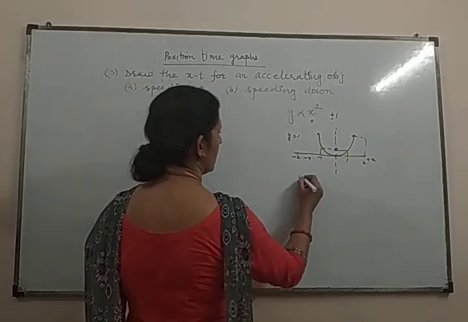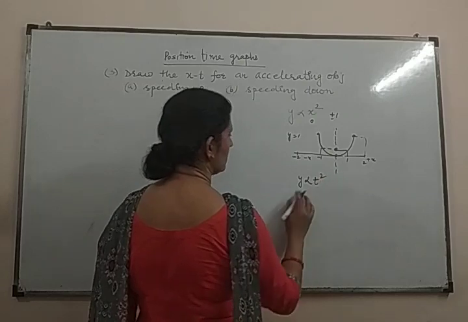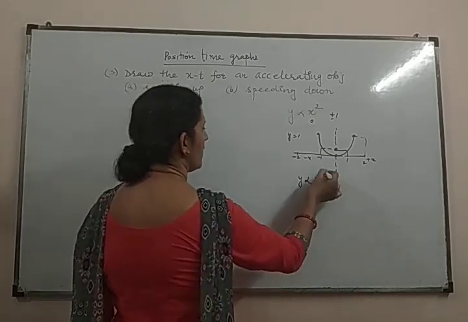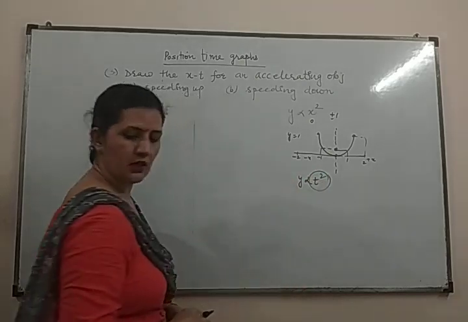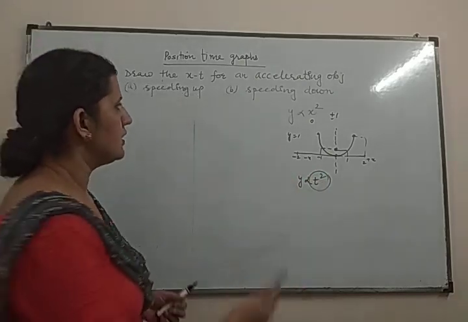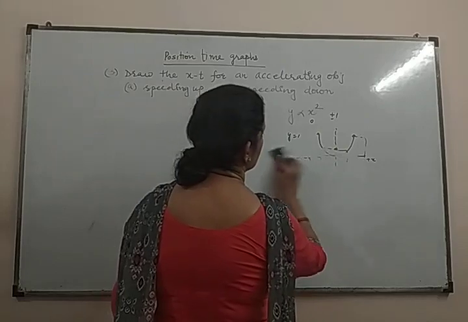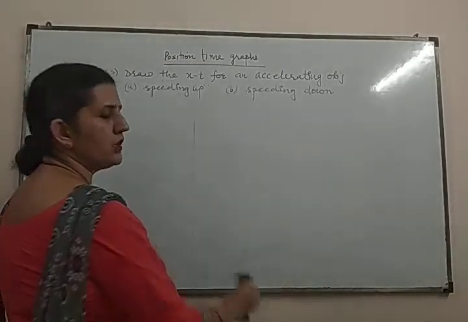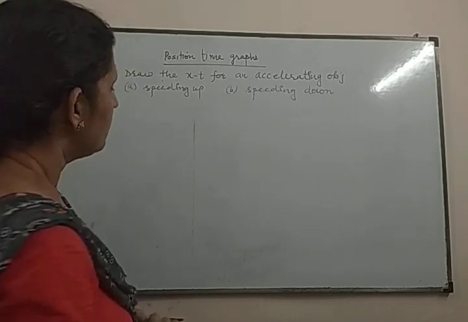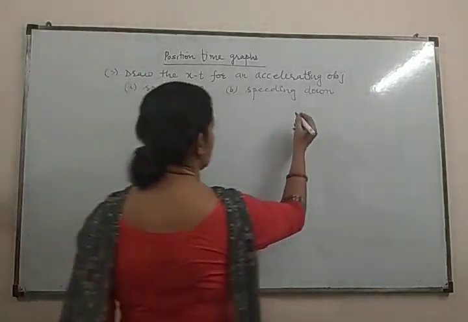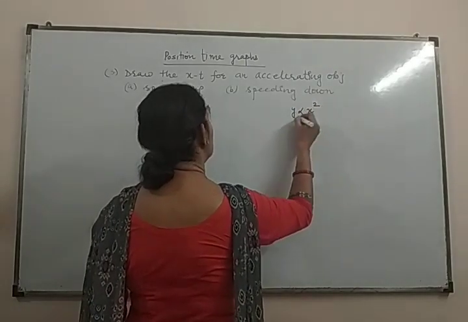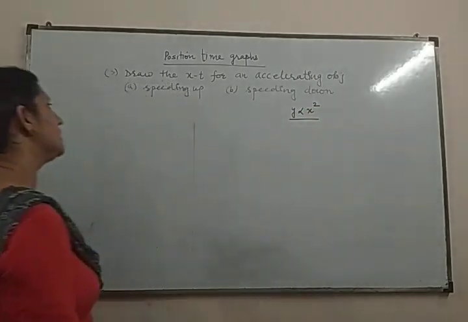If y is directly proportional to t square, or y is directly proportional to x square, if you have the square on the right hand side, this shape of the graph is like the parabola. So the relation between acceleration and displacement or distance is like the square rule. It is following like this.